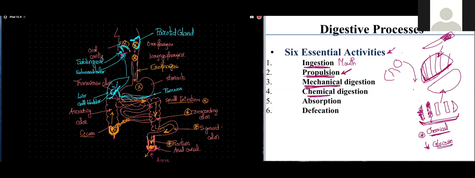After I break down the food on a mechanical level, on a chemical level, I did reach chemicals that are easy enough for my cells to deal with, like glucose, for example, like amino acids. What do I need to do with this glucose and amino acids?